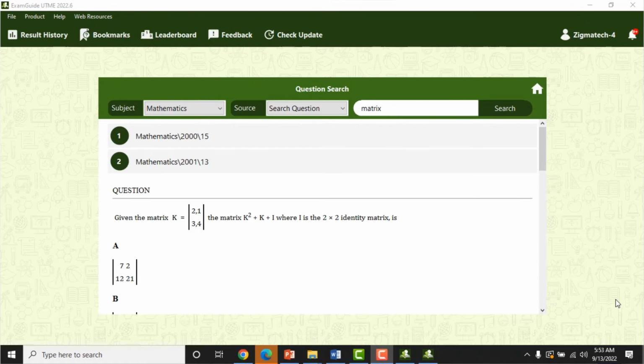Okay, taking another sample from past questions using Examguide, UTME 2001, question number 13.